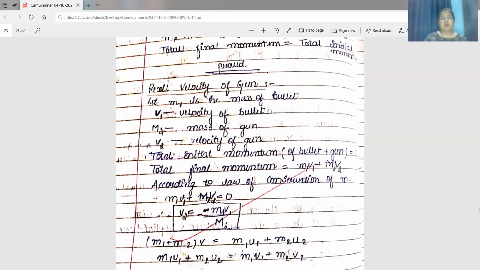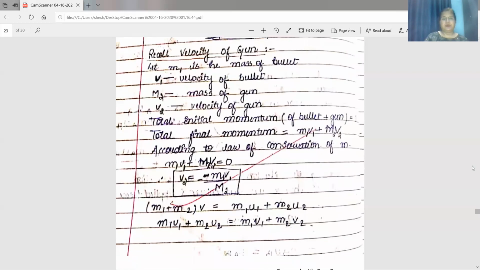We want to find the recoil velocity of the gun, so v2 equals minus m1v1 by m2. I think it is clear to you.